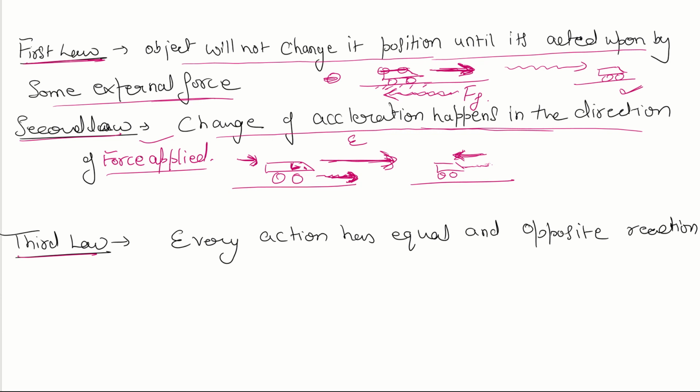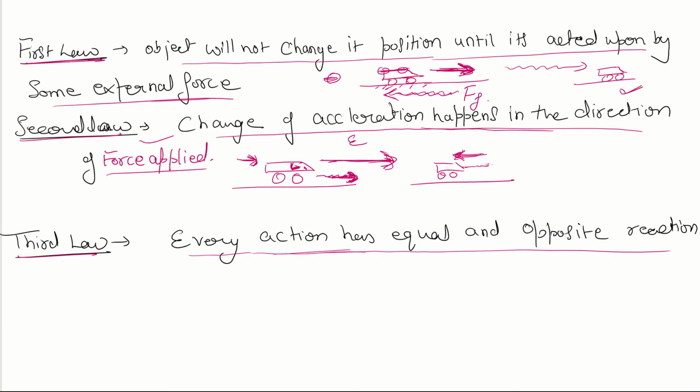Then the third law. This is very simple and one of my favorite laws. It says that every action has an equal and opposite reaction. What does this mean? If you think about this with an analogy, if you're going to slap someone, someone's going to hit you back also. So that's according to Newton's third law.